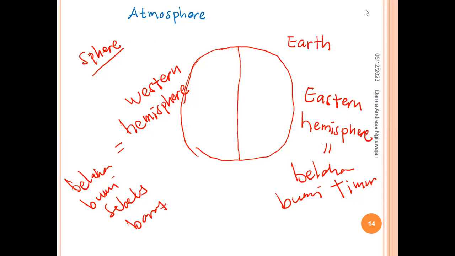Lapisan udara pada bumi, Pak. Yang menutupi bumi, menyelimuti bumi. Dan gas. Exactly. You can find the meaning in Google if you're not sure about your opinion regarding the meaning of atmosphere.